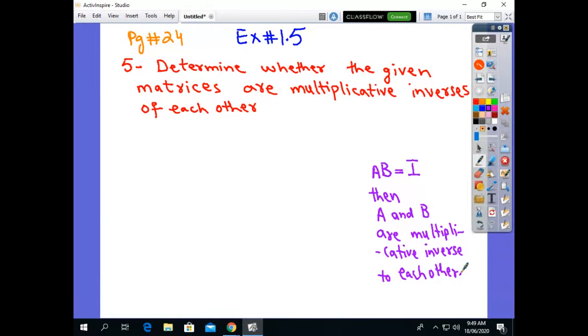If the product of two matrices, say matrix A and matrix B, becomes an identity matrix, then these two matrices are multiplicative inverses of each other.